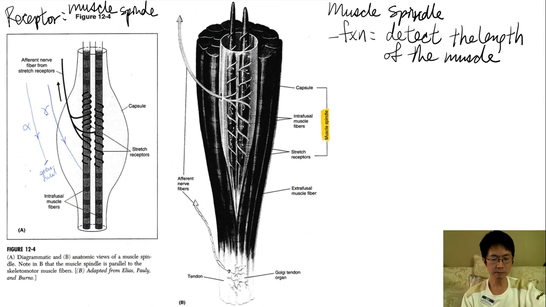What about the structure? So what makes up the muscle spindle? The muscle spindle consists of different parts.